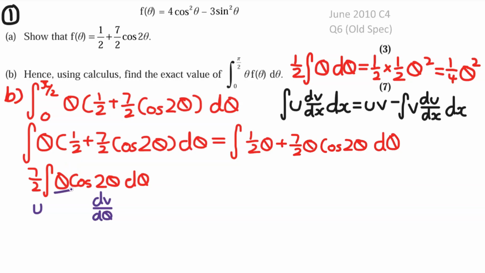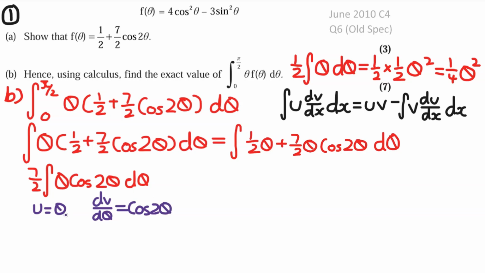So if we're working in terms of theta, we're going to say that u is equal to theta here, and dv over d theta this time, because we're working in terms of theta, not x, dv over d theta is equal to the other function, which is this cos of 2 theta.